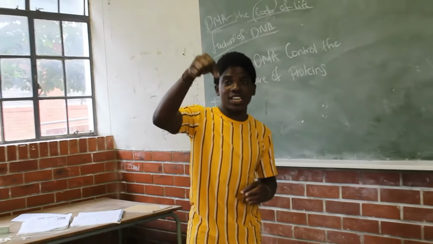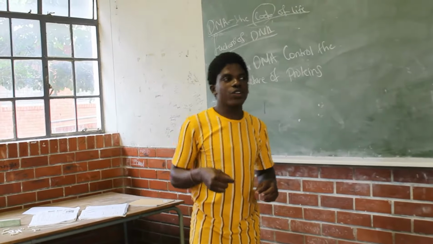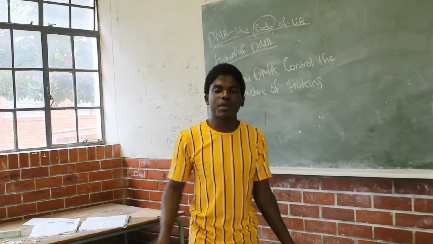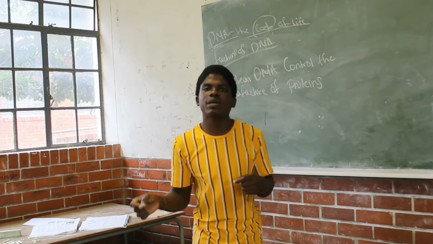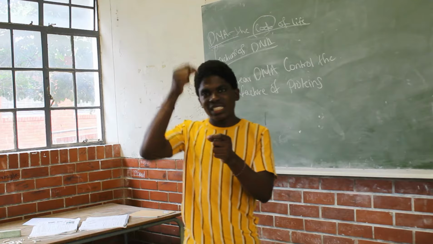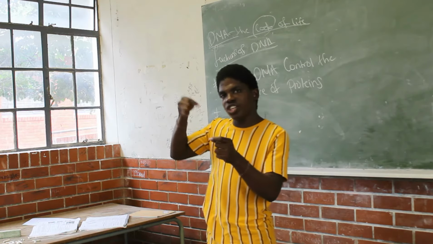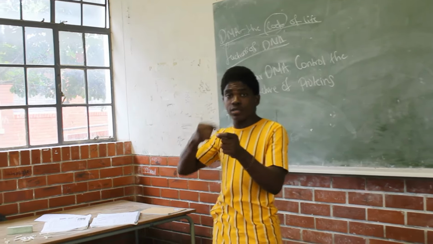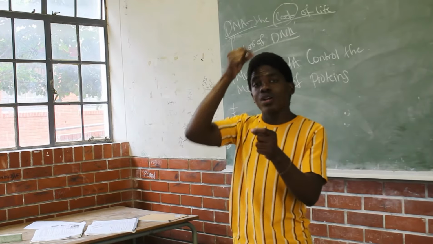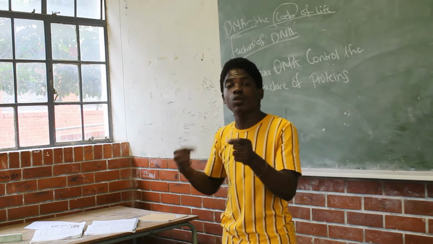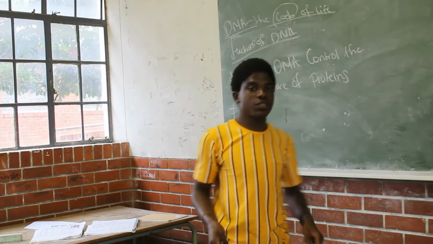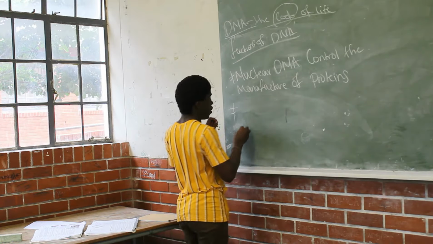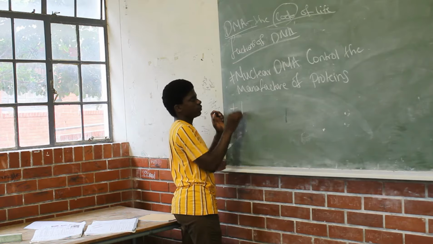So those characteristics that you have, like the foods you like eating, are because some characteristics have been transmitted from your parents to you. DNA is responsible for that.